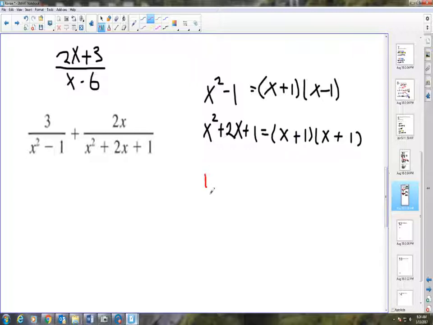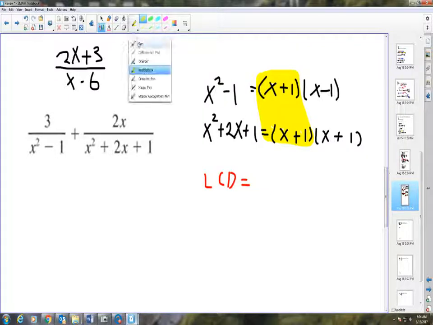So when we're looking for the LCD, what you want to do is factor your denominators first, write them in factored form, and then count the repeated factors between the two denominators, and also count the non-repeated factors. Apparently the x plus 1 repeated between the two denominators, so we count that one time.